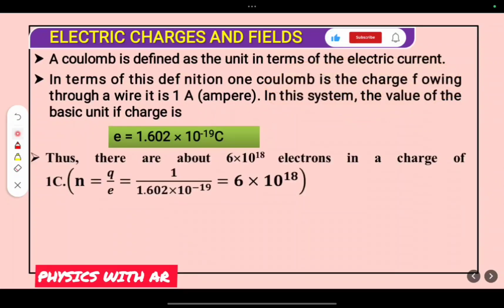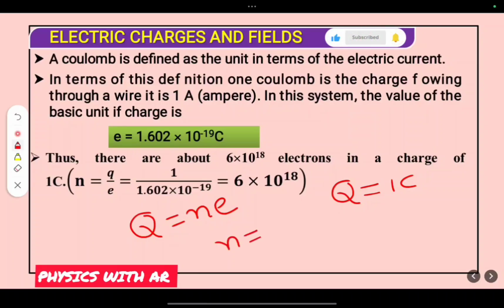There are about 6 into 10 to the power of 18 electrons in a charge of 1 coulomb. If we take Q equals 1 coulomb, then the number of charges, from the definition that charge is quantized, we can write Q equals NE. With this, the number of electrons N equals Q by E. Q is 1 coulomb.